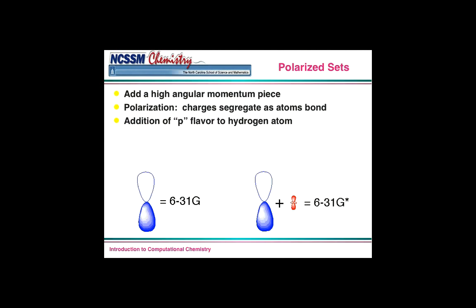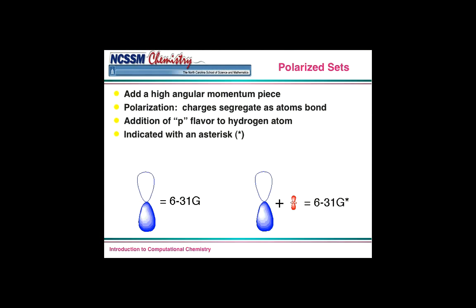So we say that adds a little bit of p flavor to a hydrogen atom. If it's polarized, that means we're acknowledging that these electrons aren't 100% in an orbital, like an s orbital or a p orbital. If an electron is a p electron, maybe a little bit of that p electron is actually in a d orbital somewhere. So we call this polarized.